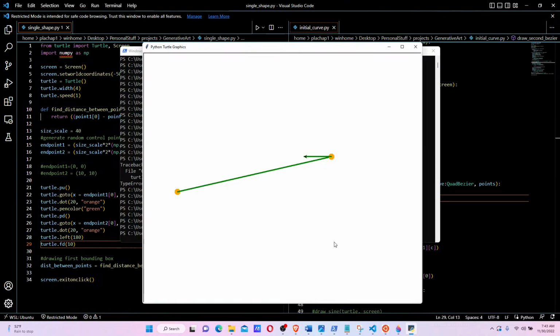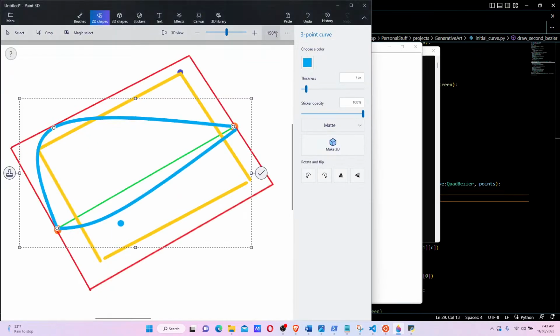This is hard to do math visually. I guess I could try to do it in Paint.